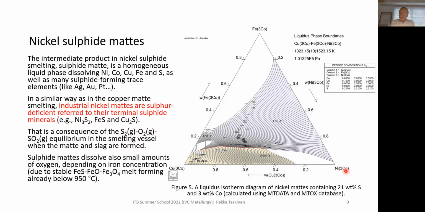And this metal matrix has been defined to contain 21 weight% sulfur in all locations of this Gibbs triangle.